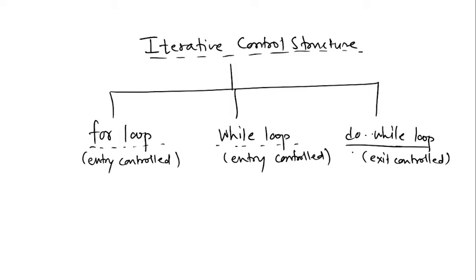Like while, in do while also it's not that we do it for a number of iterations, but we do it based on the condition. While the condition is true, it is going to repeat. If the condition is false, it's going to stop. It will terminate. So likewise, these are the three main control structures which are considered to be iterative or looping control structures: for loop, while loop, and do while loop.